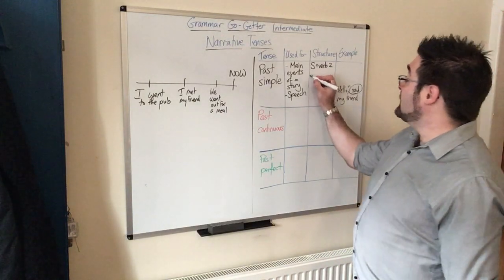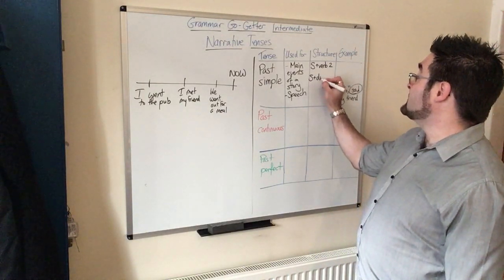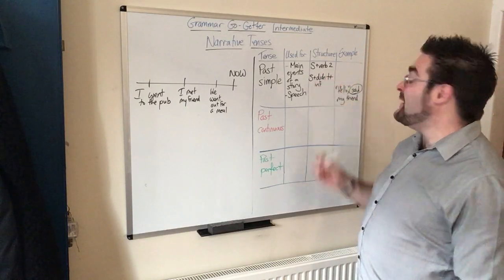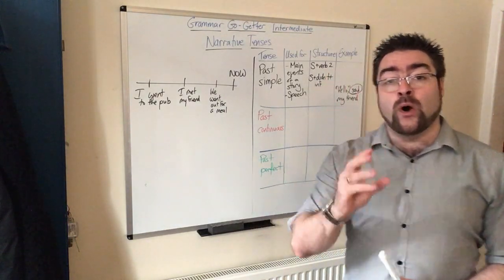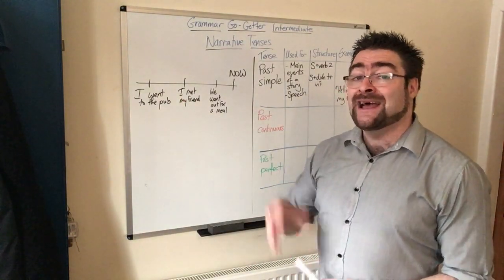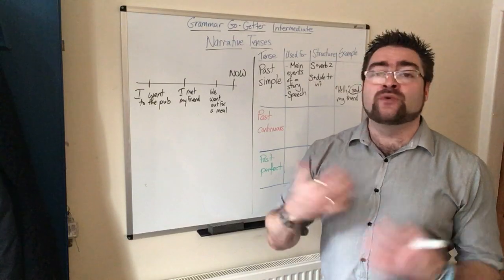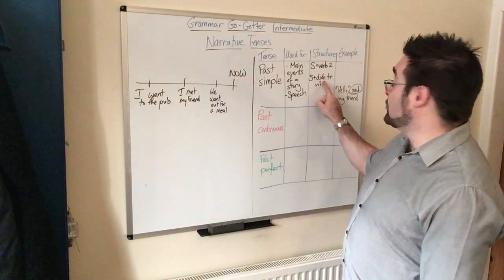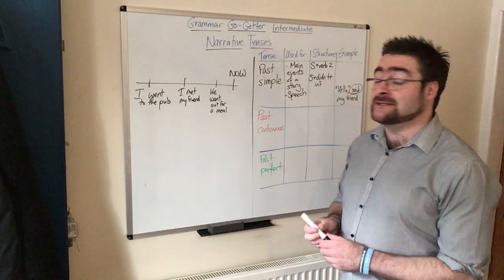Okay, the negative, we're going for subject plus didn't plus infinitive. Remember that you can only have one past simple in each sentence. So the opposite of this would be didn't go. You cannot say didn't went because this is your past simple in that sentence.